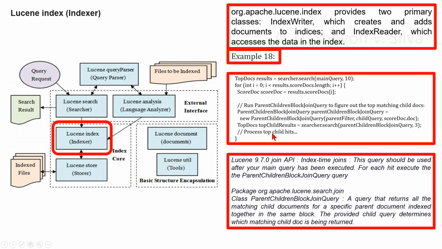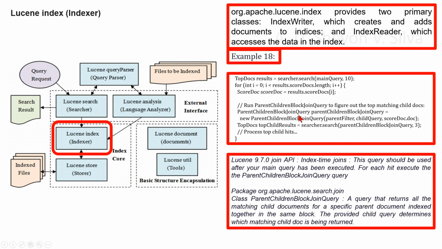For each hit, execute the ParentChildrenBlockJoinQuery. The class ParentChildrenBlockJoinQuery in package org.apache.lucene.search.join returns all the matching child documents for a specific parent document indexed together in the same block.